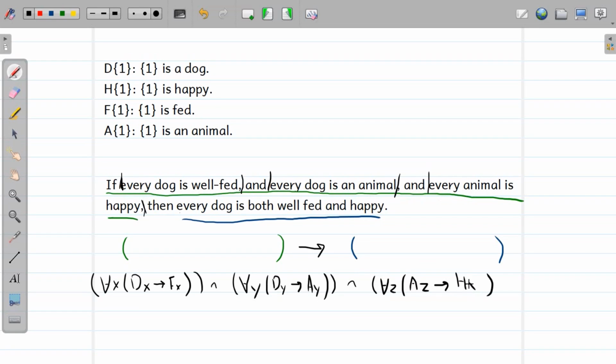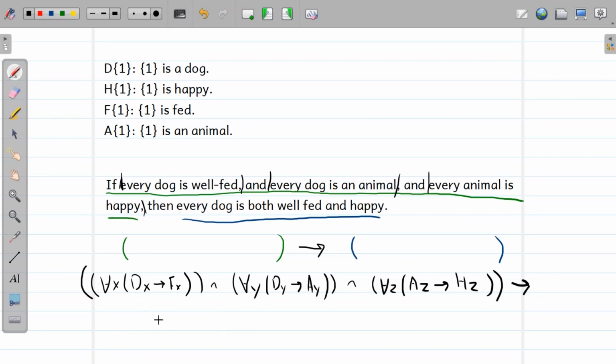Hz. OK, getting there. So that's our antecedent, right? If this whole big thing, then every dog is both well-fed and happy. So I'll put one big bracket around all that.